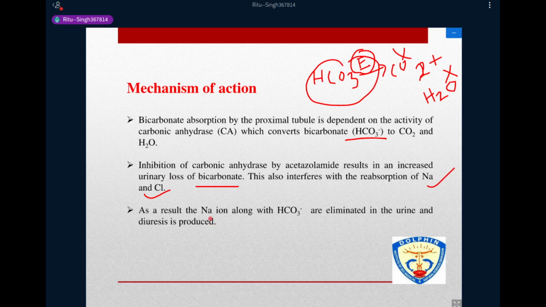As a result, the sodium ion along with bicarbonate ion are eliminated in the urine and diuresis action is produced. So the diuretic action of acetazolamide is produced by inhibiting the enzyme carbonic anhydrase. Okay.